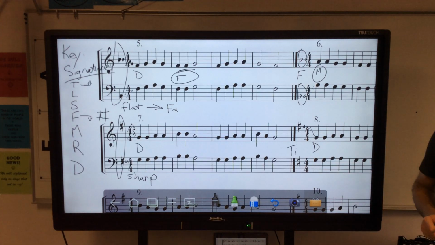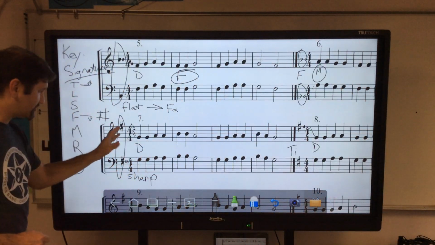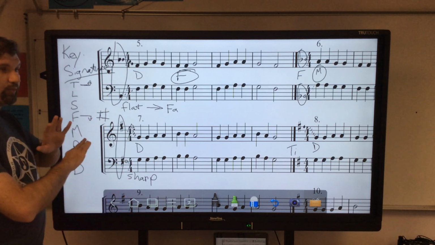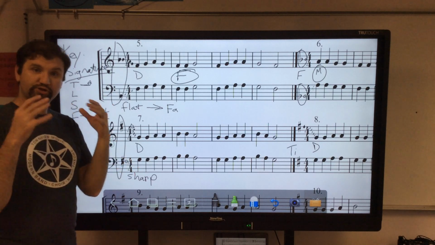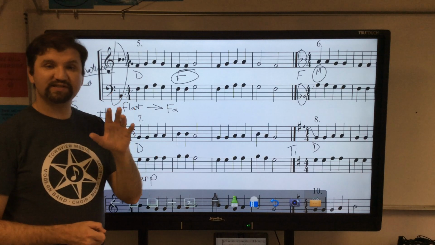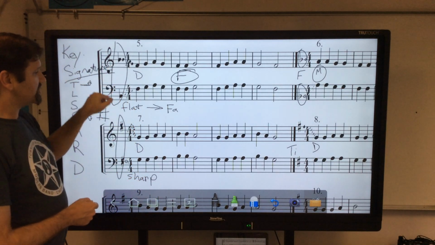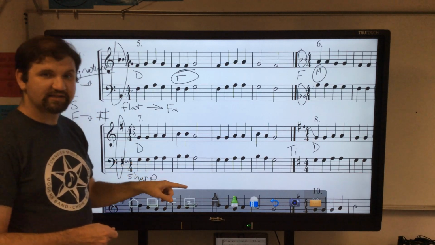And the good news is that any key signature you see is either going to have sharps or flats. And no matter what's going on with the music, you can use that key signature to determine what key the song is in. And by far the simplest and easiest way to do that is to think that the last sharp is ti and the last flat is fa.